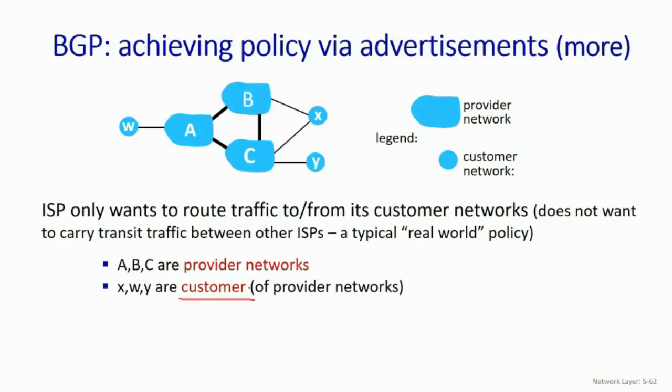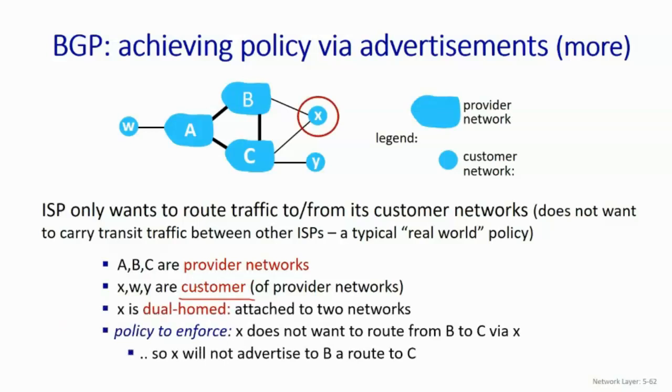Typically X belongs to two ISPs. So what will the routing be? That is based on policy. X may not want to route packets from B to C through X, so X won't advertise a route to reach C from B.